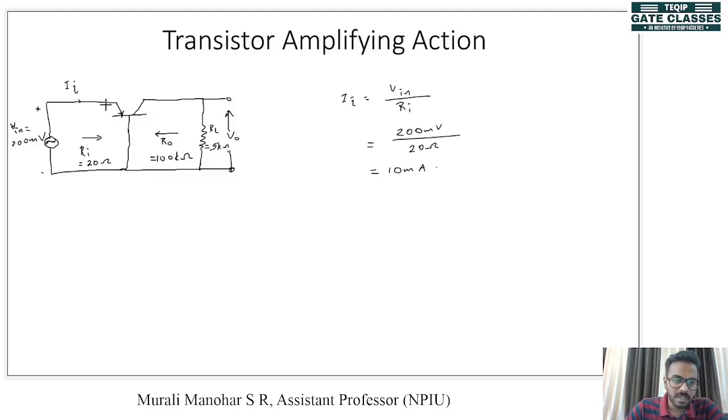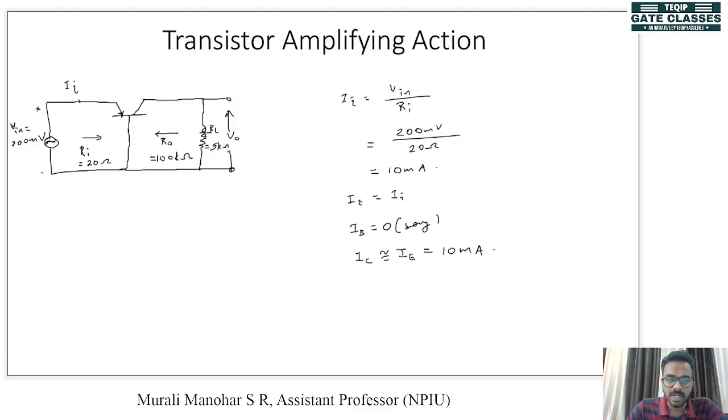If you look at the circuit, we can see that II is nothing but IE. So IE is the same as II. We'll make one assumption, and that assumption is IB is equal to 0. So if IB is equal to 0, IC is approximately equal to IE, which is the same as II. So IC will be 10 milliampere.